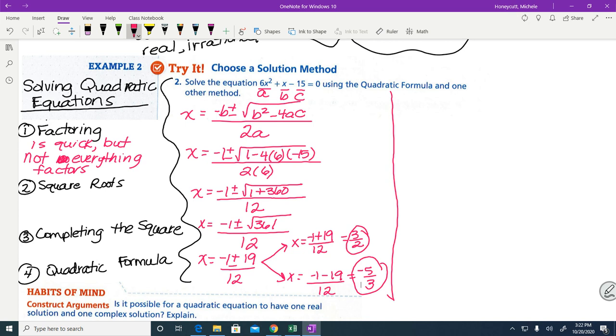Square roots are also quick. Use square roots whenever you have something like x squared equals 9 or x squared equals -9. You can just take the square root. The only problem is it only works for perfect squares or perfect squared trinomials.